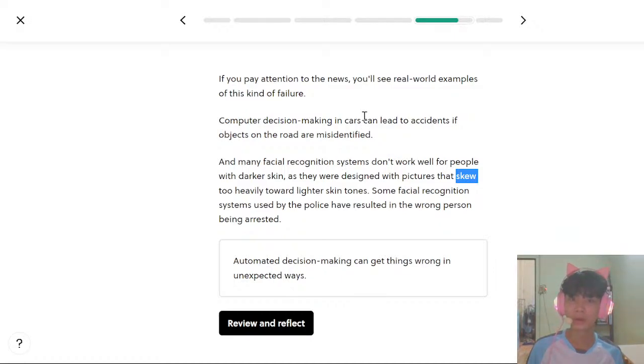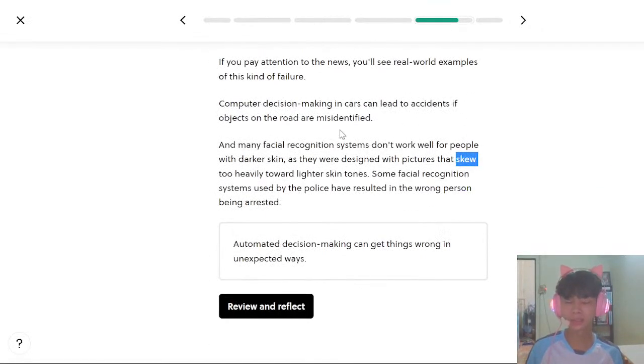Some facial recognition systems used by police have resulted in the wrong person being arrested. Automated decision making can get things wrong in unexpected ways. Oh, I understand a little bit about these tools of computer science.